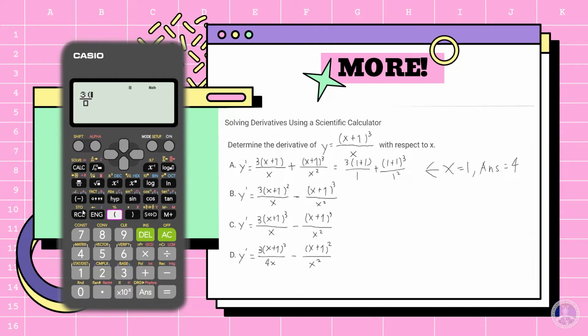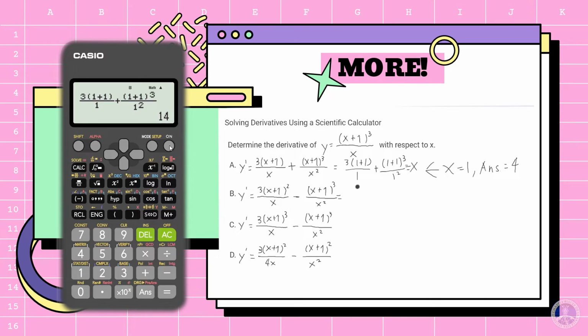Fraction 3, then 1 plus 1 over 1 plus fraction again. Then this is 1 plus 1 cube all over 1 square. The answer is 14, so it's not that. So let's move on to the next one.